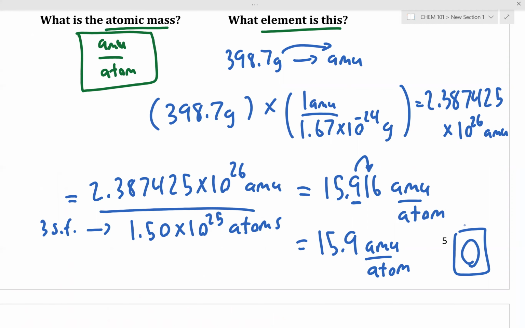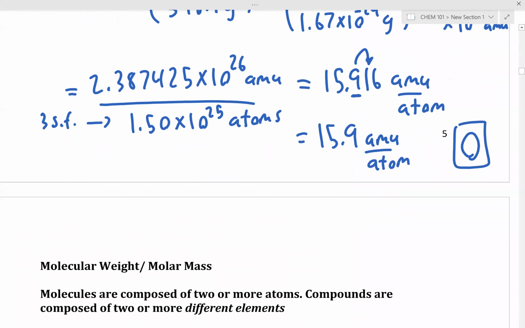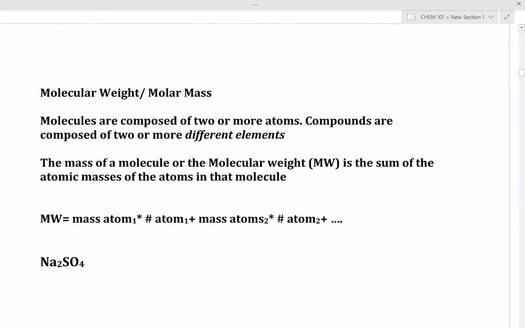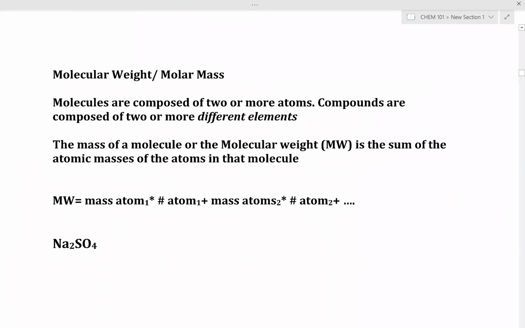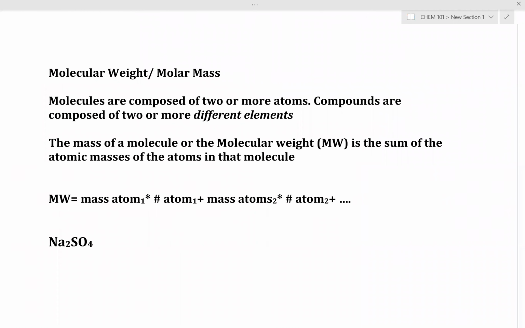Let's now get to a more common way of expressing mass in chemistry. Ultimately, in chemistry, we aren't typically dealing with just single atoms, right? We're often dealing with, and reactions involve, molecules. So the molecular weight, otherwise known as the molar mass, is the entire mass of our molecule.